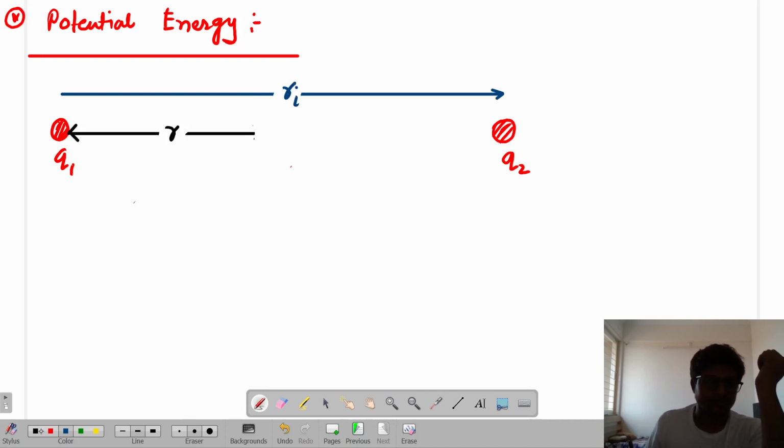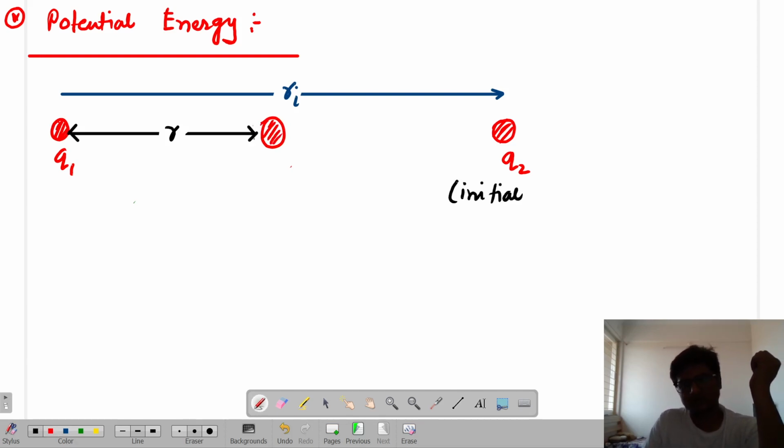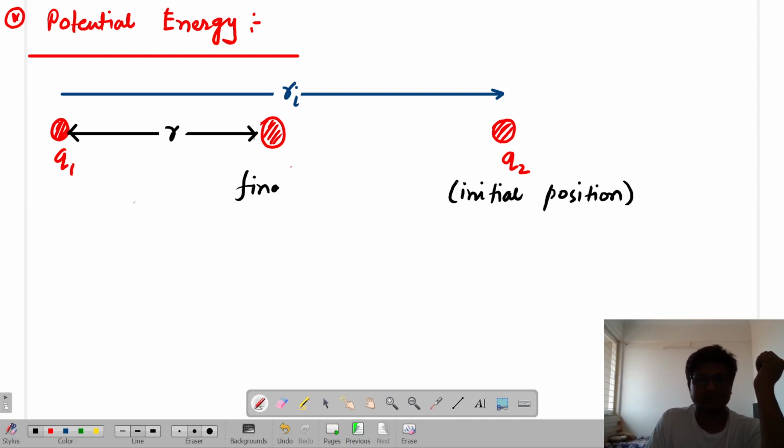And then this Q2 is brought over here nearer to R final. So this is my initial position of Q2 and this is my final position. And this charge Q1 is fixed. Are you able to get me or not?